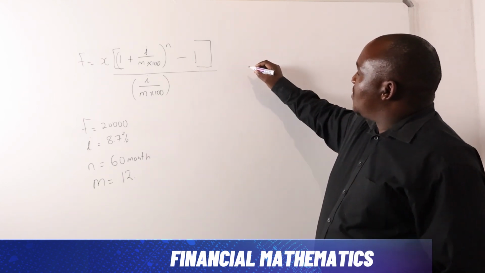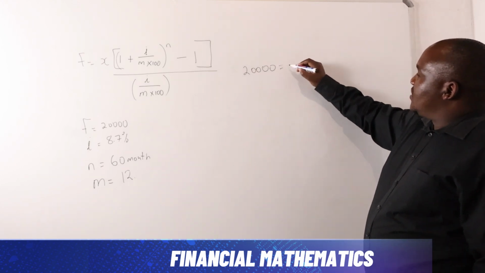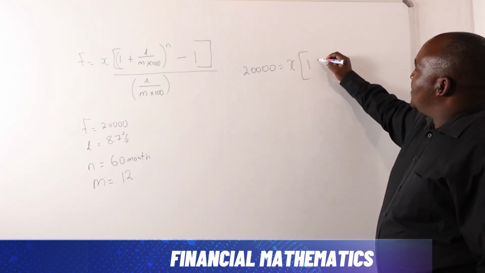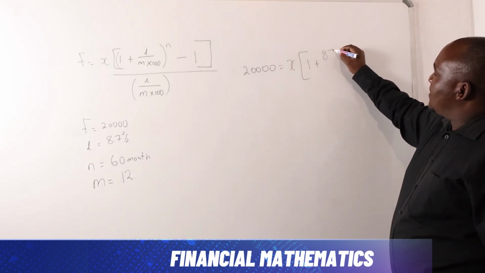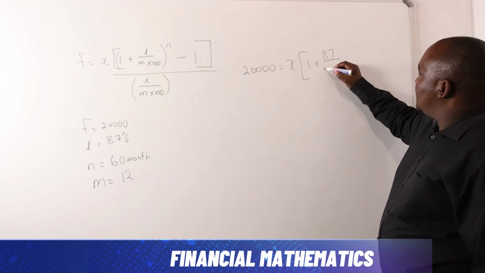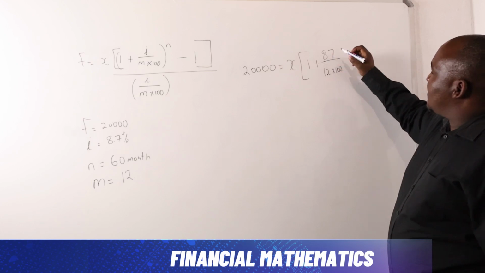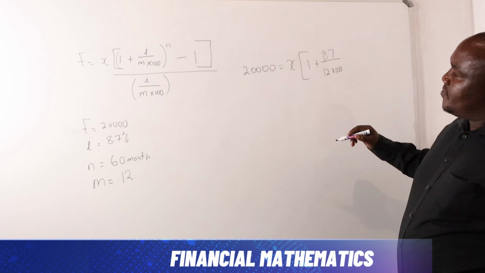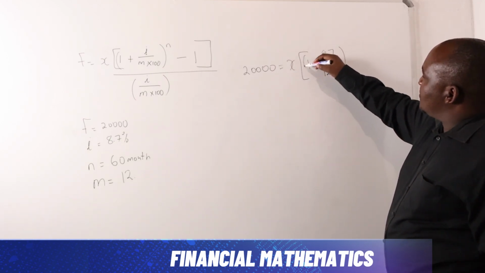So you have the value of F, which is 20,000 rand, which equals X into 1 plus interest rate, which is 8.7 over M. I said it's 12 months multiplied by 100. The 100 is for the 8.7. 8.7% is 8.7 over 100. Then you've got this to the power n.